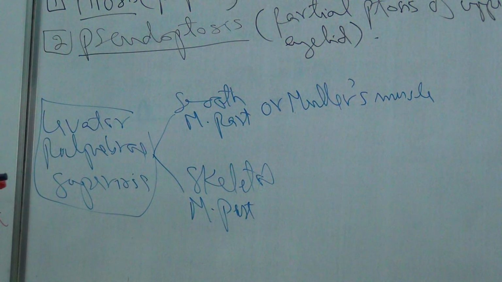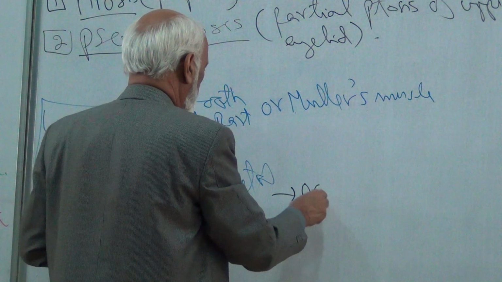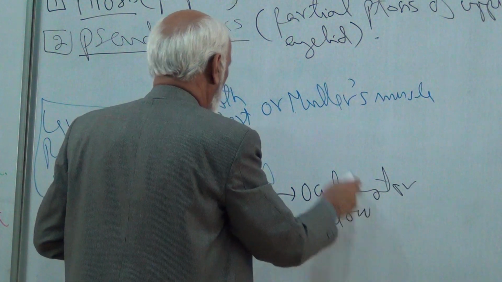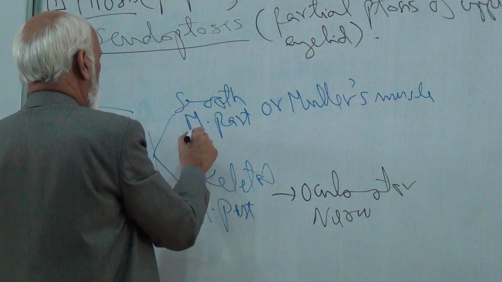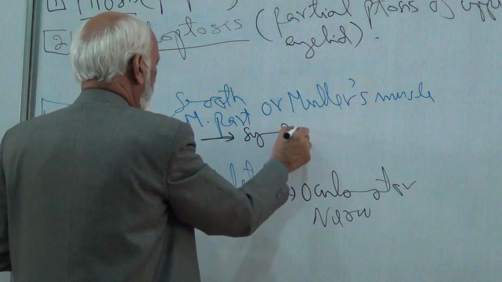The skeletal part is innervated by the oculomotor nerve, while the smooth muscle part is innervated by sympathetic nerves.